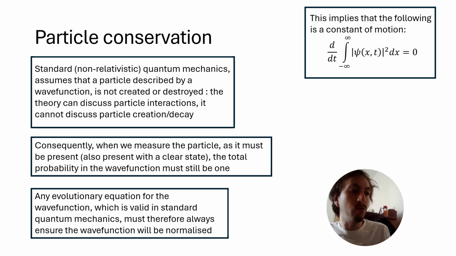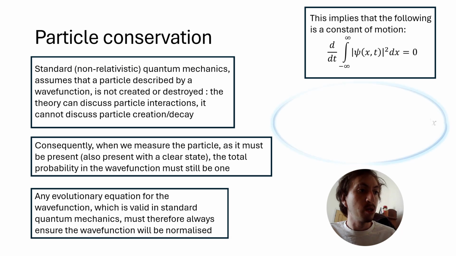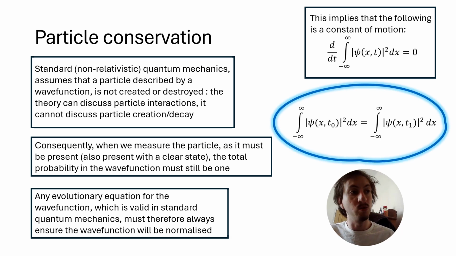So we can conclude that the differential with respect to time of the integral of the magnitude of the wave function squared over space has to equal 0. We can also write that slightly differently. We can just say the integral over space at one moment in time, t0, has to equal the integral over space at another moment in time, t1. And that leaves us with the equation in this ellipse here.